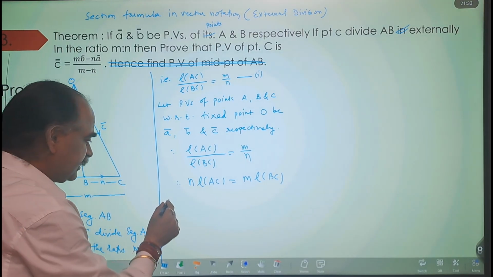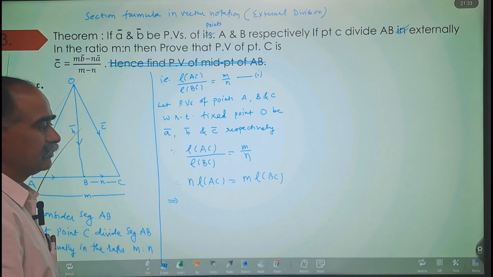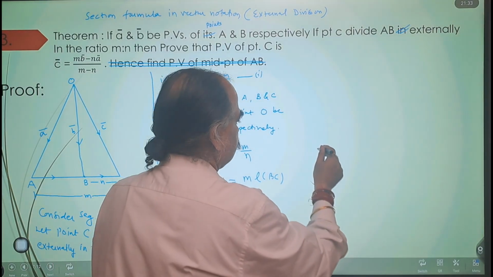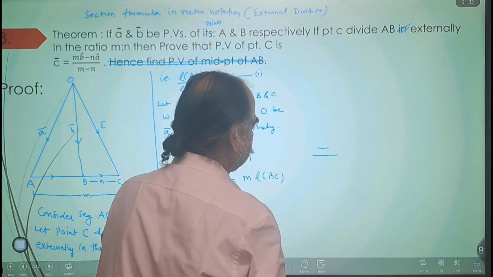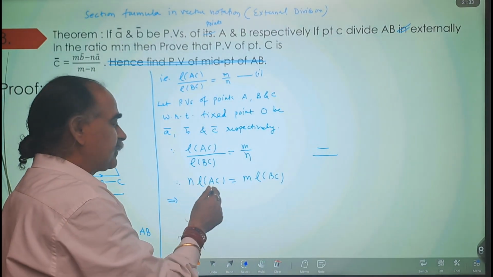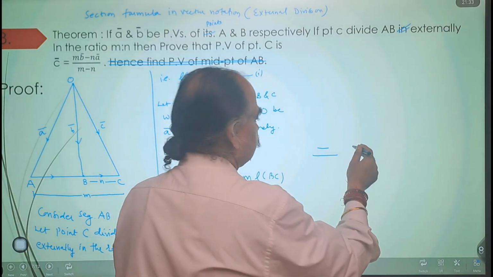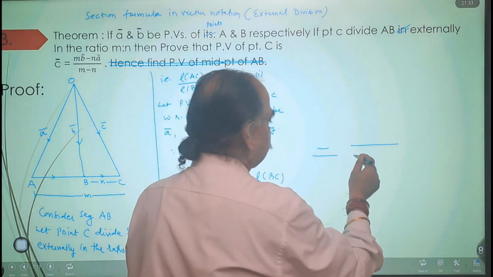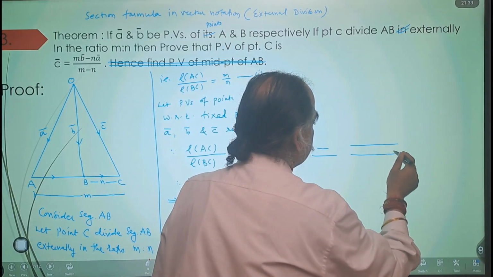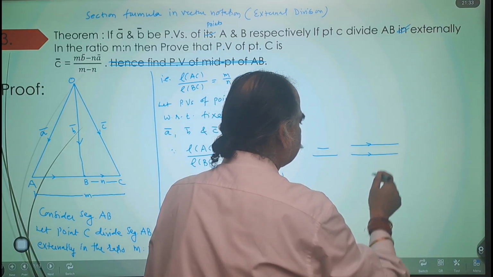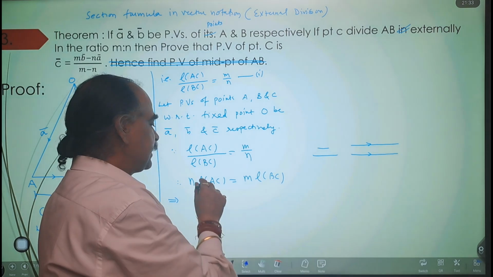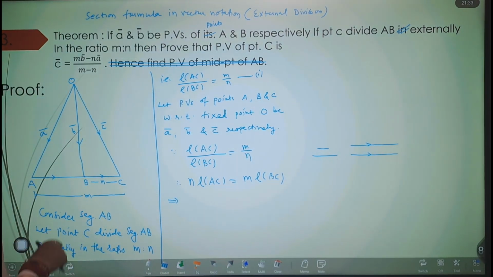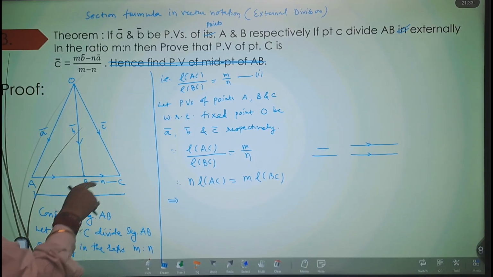So this implies AC is one segment and BC is another segment. Length AC may not be equal to length BC, but when we multiply n times length AC, it will be a new segment, and m times BC will be another new segment. Magnitudes of the two new segments are equal, and direction of AC and BC are same. A to C and B to C are same.